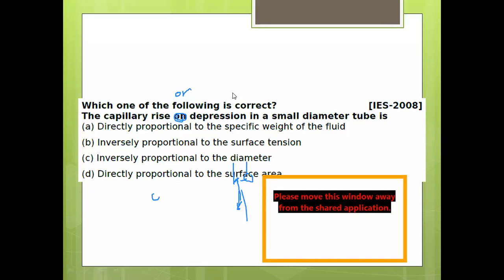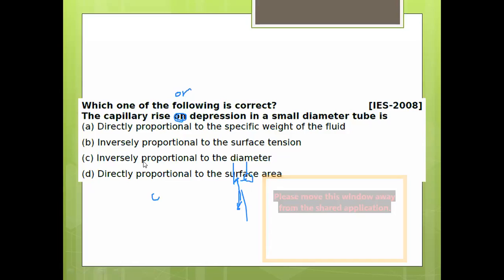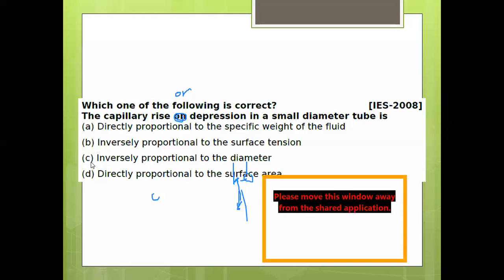False. Option C, inversely proportional to the diameter: true. Correct. So option C is the correct answer here. And the last option, directly proportional to the surface area. In that formula we don't observe any surface area, so this is again false. So option C is the correct answer for this particular question.